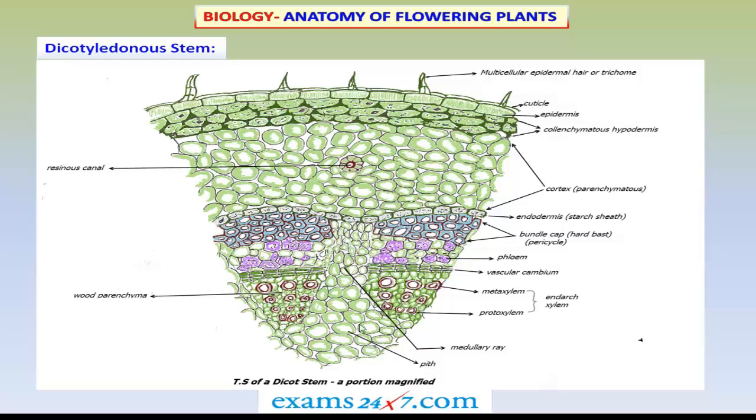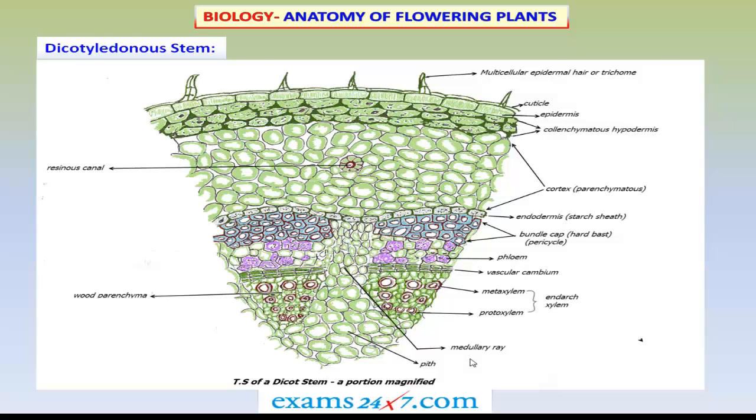Between the vascular bundles, it appears as if the parenchyma cells of the pith radiate towards the endodermis. Such parenchyma cells between the vascular bundles constitute the medullary rays.